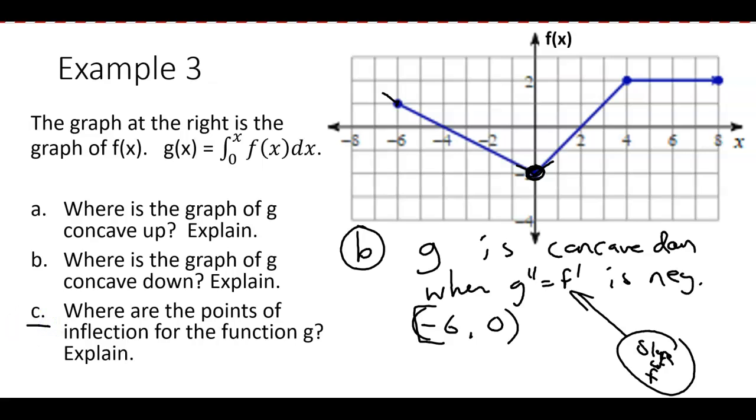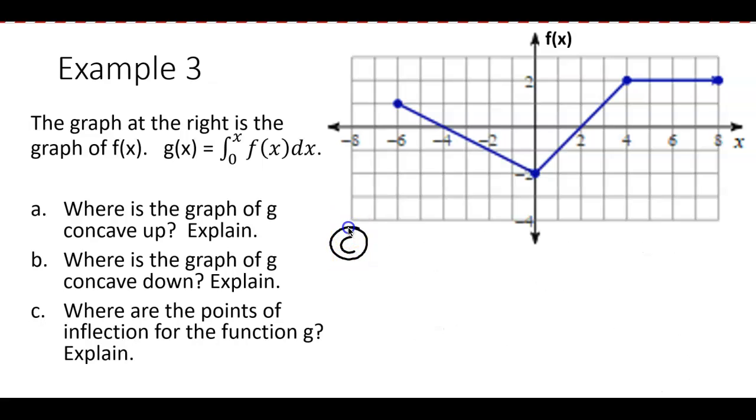Where are the points of inflection? I'm a little conflicted on this answer, but let's answer it real quick. C. G has a point of inflection when G double prime, which equals F prime, what? Is 0?